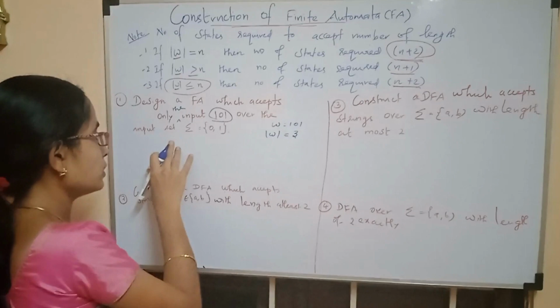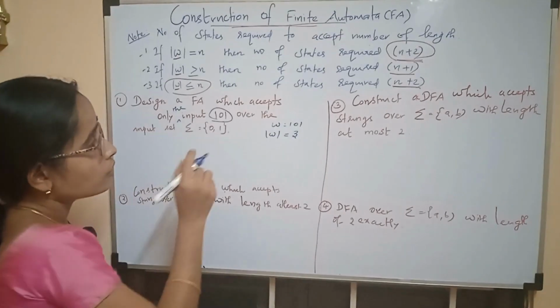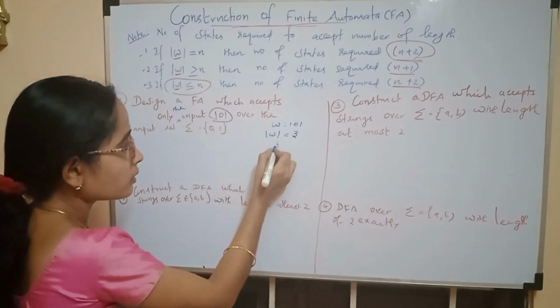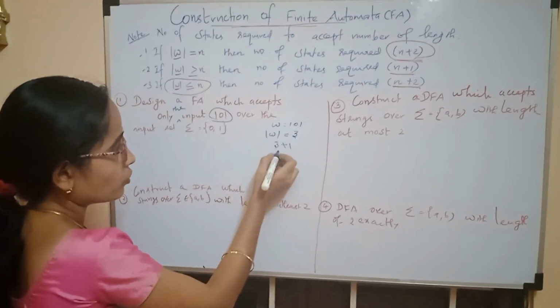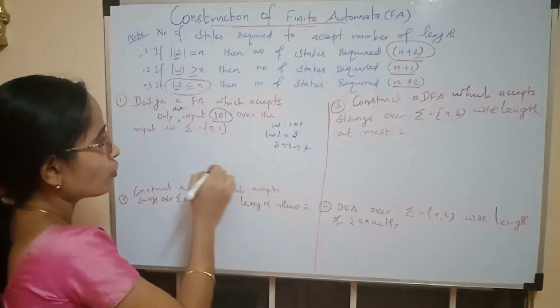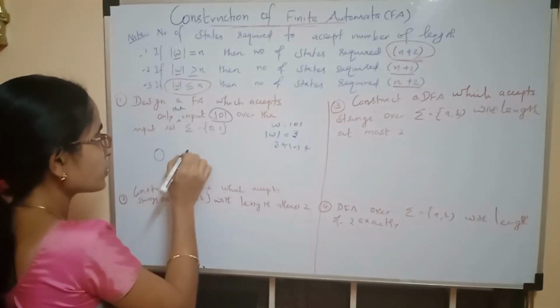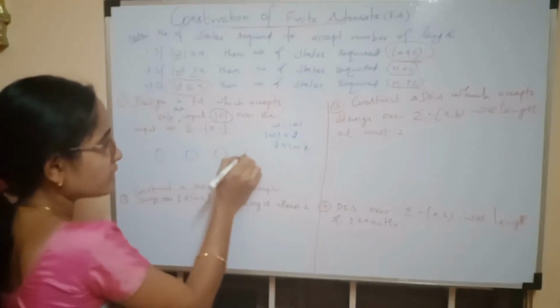The first requirement is the number of states. Here the length is 3, so you make it 3 plus 1, which becomes 4. So you automatically have 4 states here.